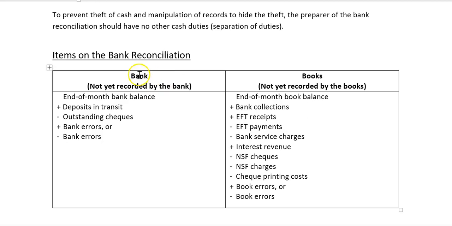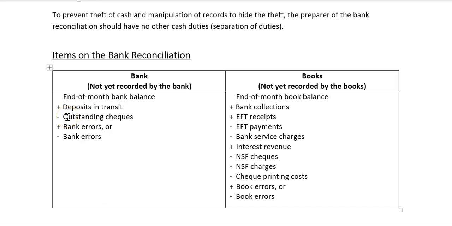So you can see over here, we start with the end of month bank balance. We add in deposits in transit. So these are usually deposits at the end of the month, which the bank hasn't recorded yet. Then we have outstanding checks, which we take away. Now these might not be at the end of the month.